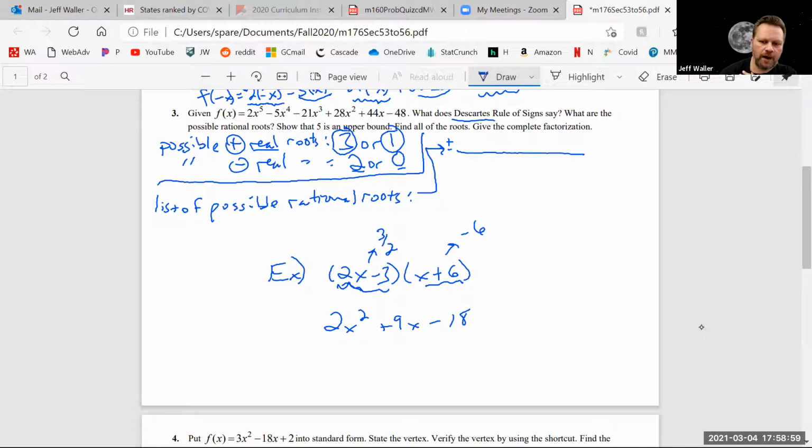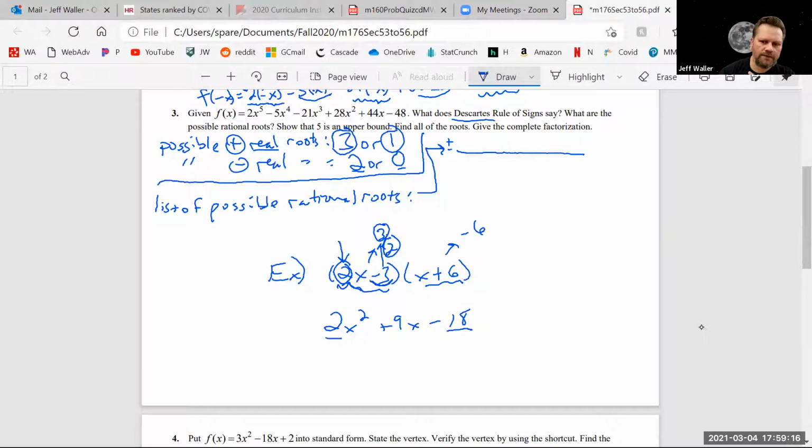Where did the bottom of it come from? From the first number. Where did the top of it come from? From this guy, right? What is this guy a piece of in the end result? The last number. What is this guy a piece of in the end result? The first number.